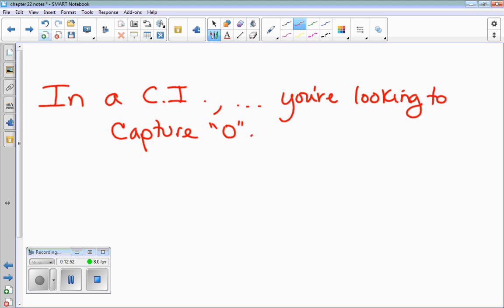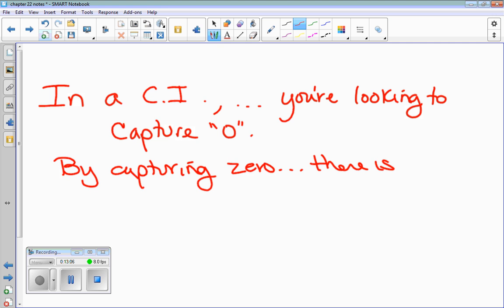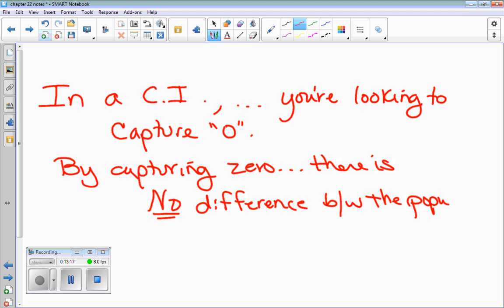By capturing 0, that means there's no difference between the populations. Oh, I should say really between the samples, but okay? We okay with just that generalization in terms of confidence intervals?